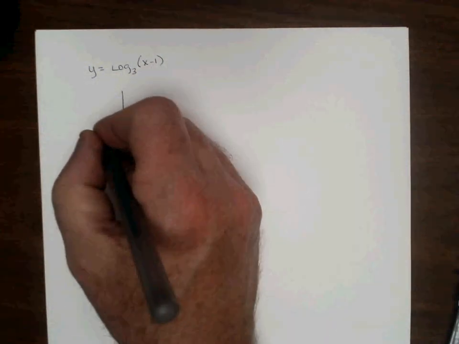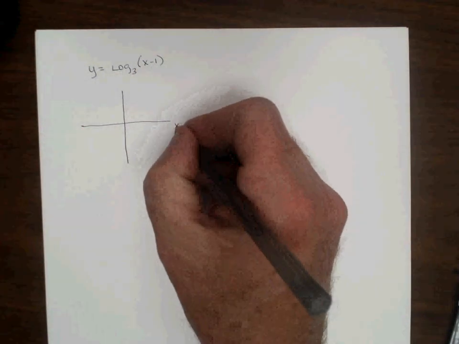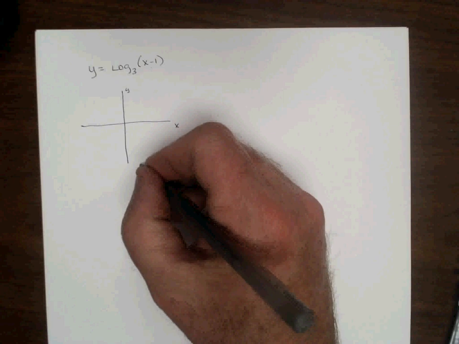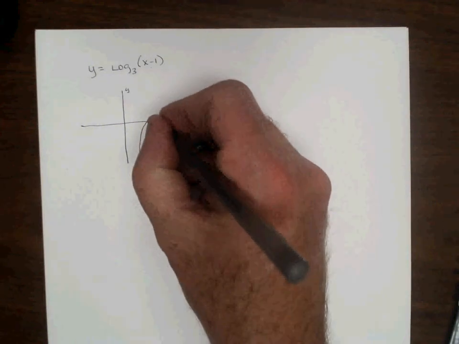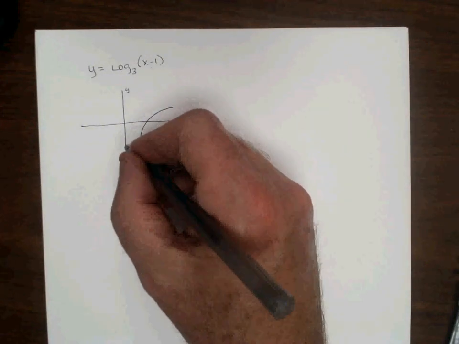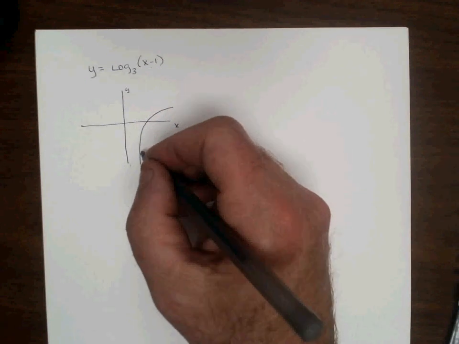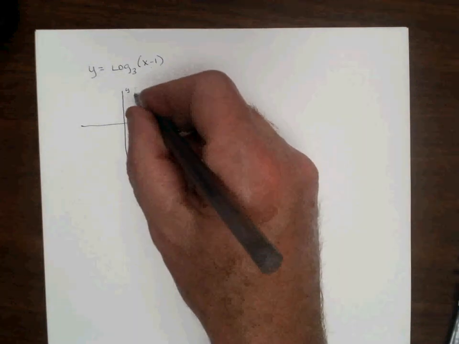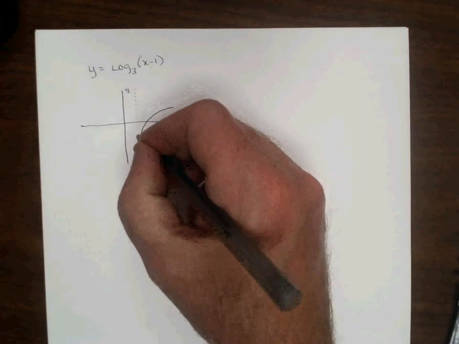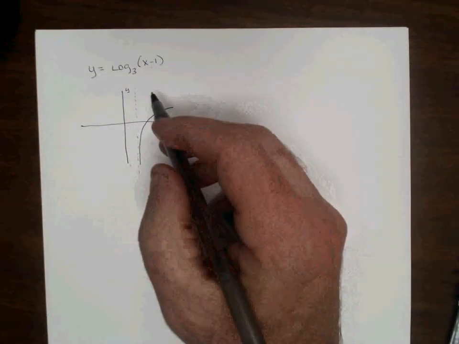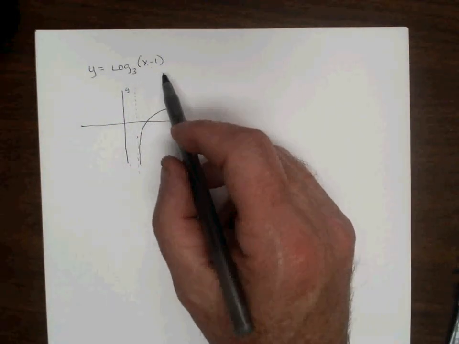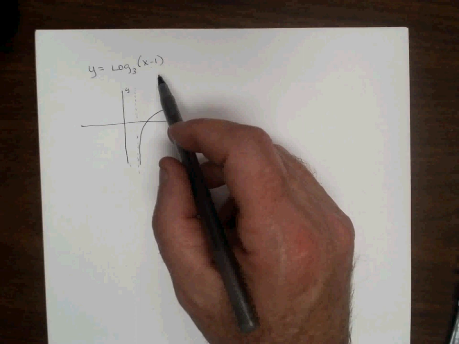And what you'll see if you graph this is a function that looks a little bit different in that it's not getting close to the y-axis now. Instead, it's getting close to x equals 1. Remember, we took the function log base 3 of x and we translated it 1 unit to the right.